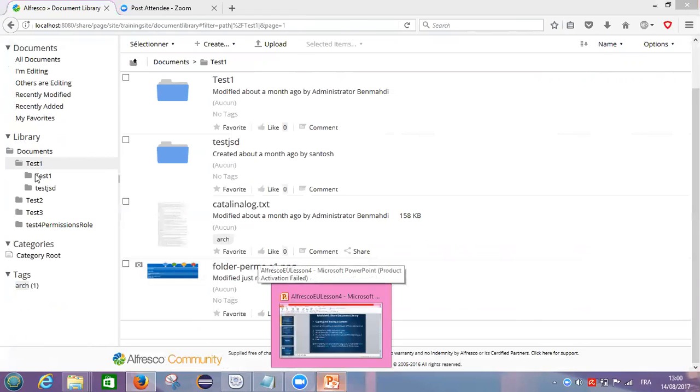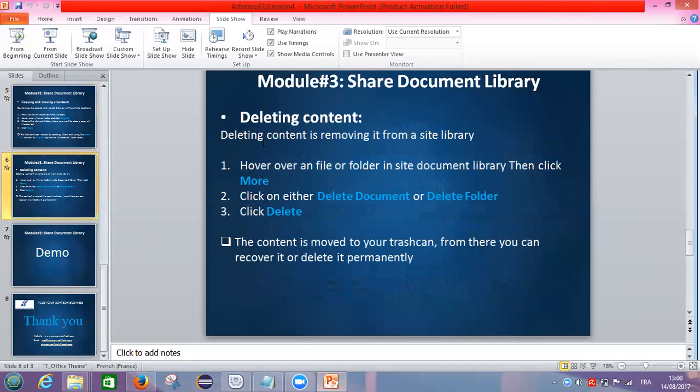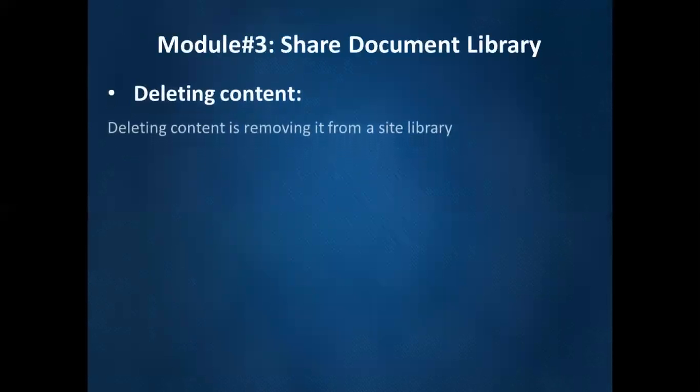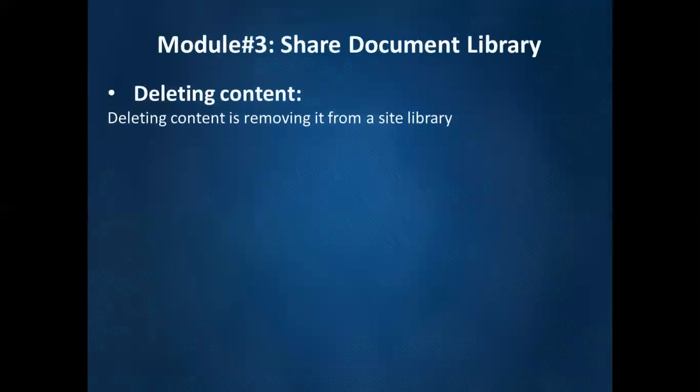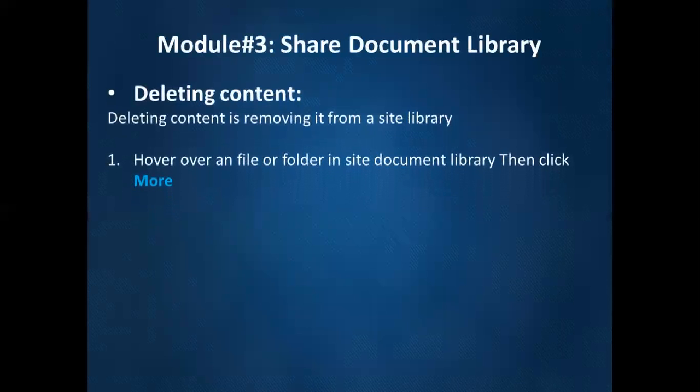Now let's move to another topic, how to delete our content. Let's see, it's very simple. Deleting content is removing it from the site library. So how can we do that? Hover over a file or folder inside the document library, then click more.